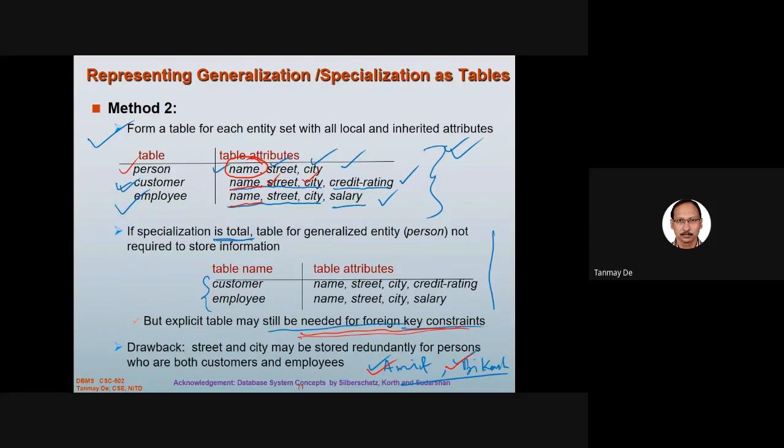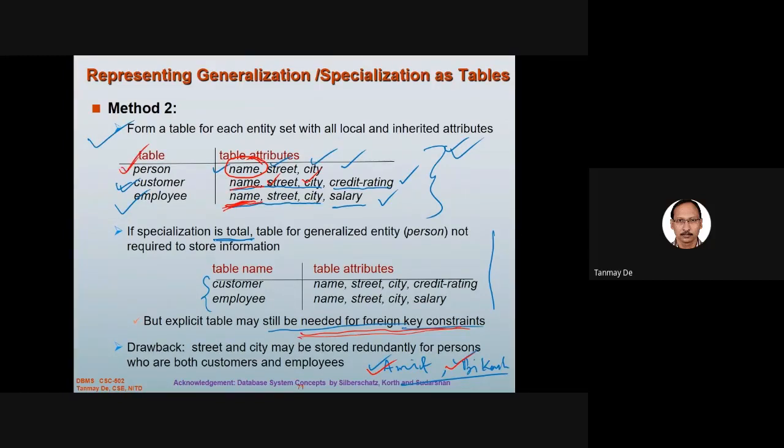So in that case, the name in the customer table acts as a foreign key, and primary key in the person table. Similarly, name acts as a foreign key in the employee table. Name is a foreign key here, but it is the primary key of the person table.